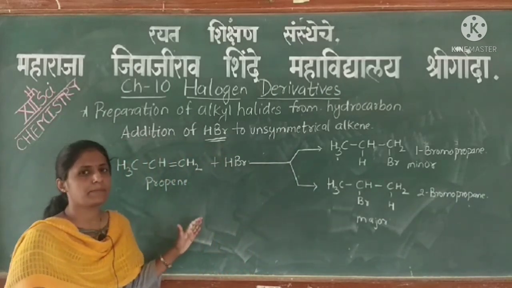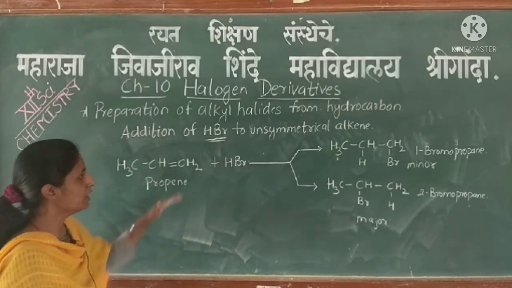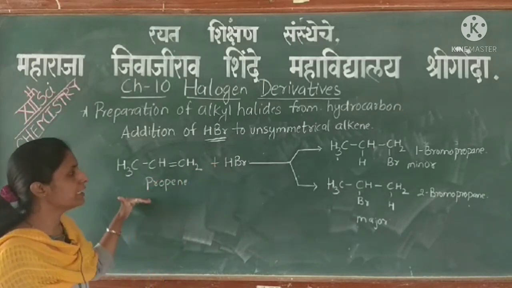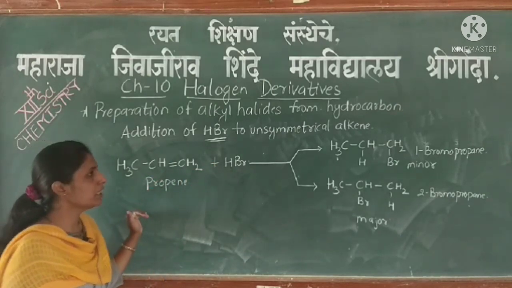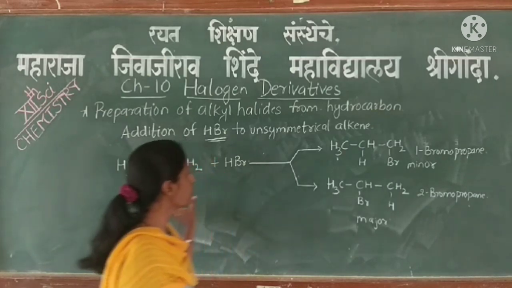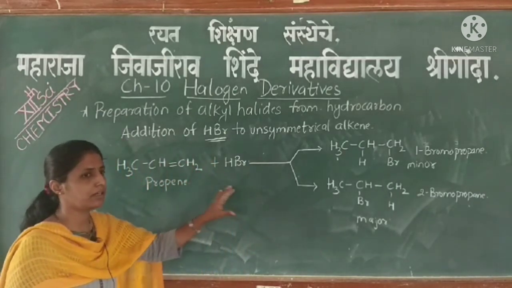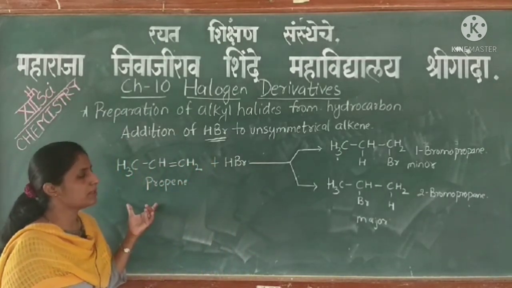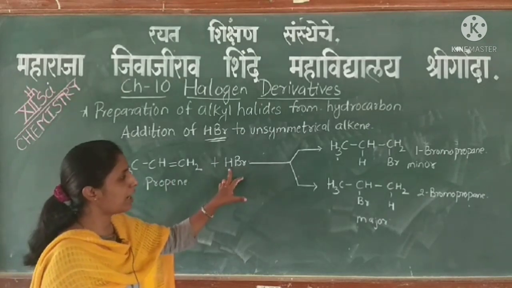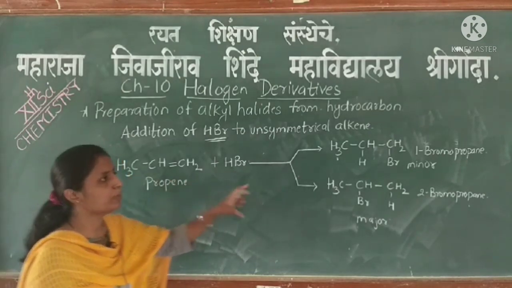We are studying this example with respect to Markovnikov's rule. This is an unsymmetrical reagent, and your alkene is also unsymmetrical. So where will your hydrogen and bromine attach? You will get two products.